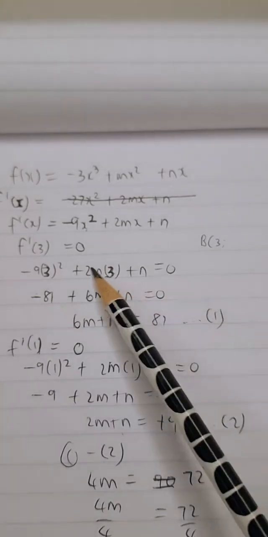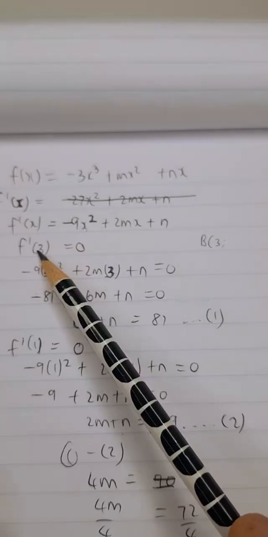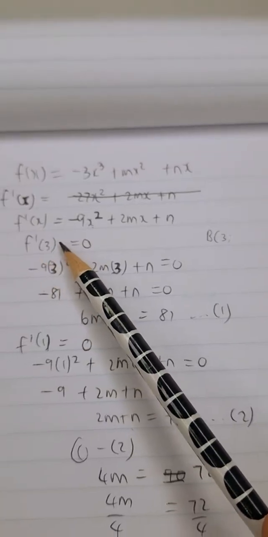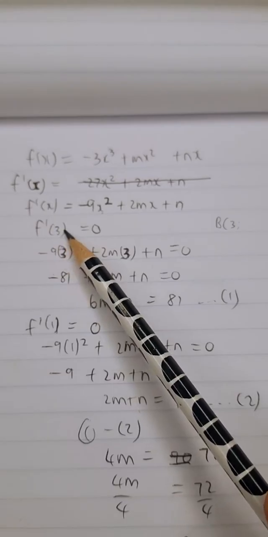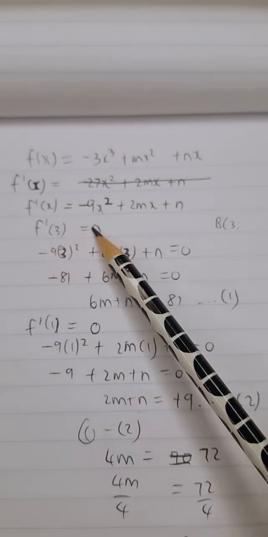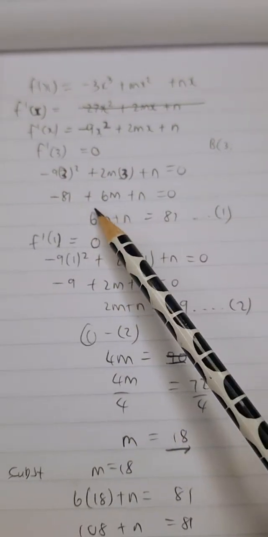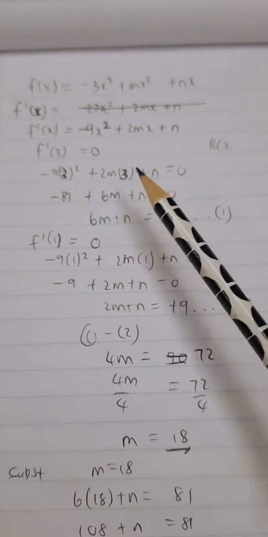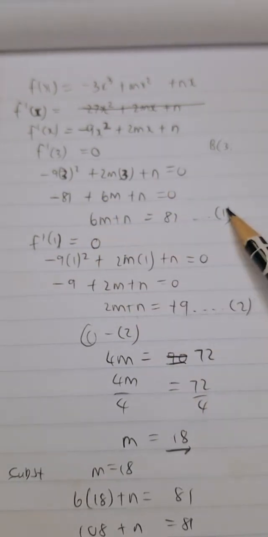Then we substitute the x coordinate of the local maximum and we equate to 0, because remember, we first derive, equate to 0, and then substitute the point so that we can get an equation in terms of m and n. So we got equation 1.